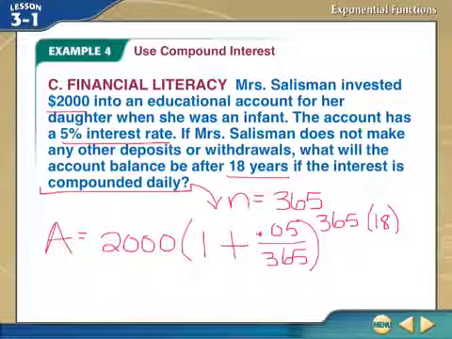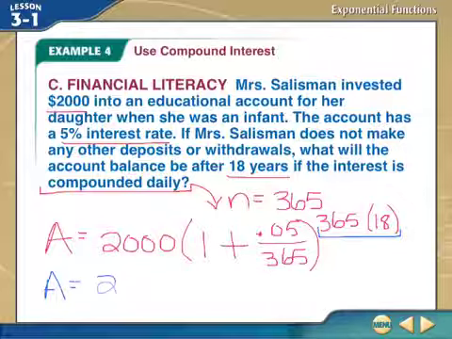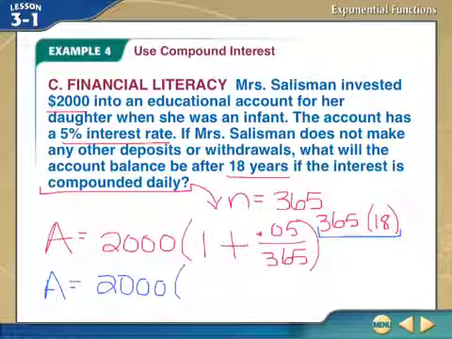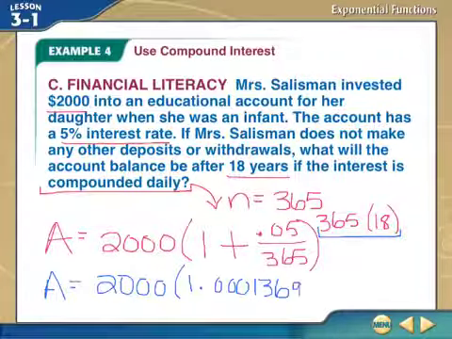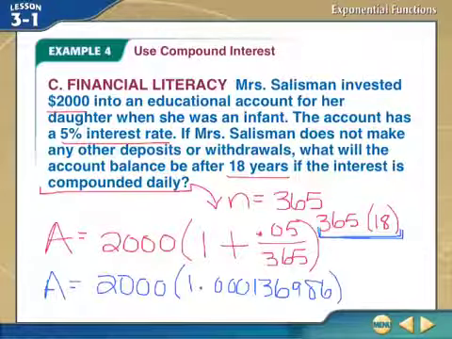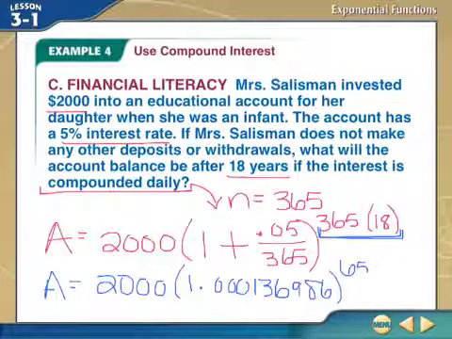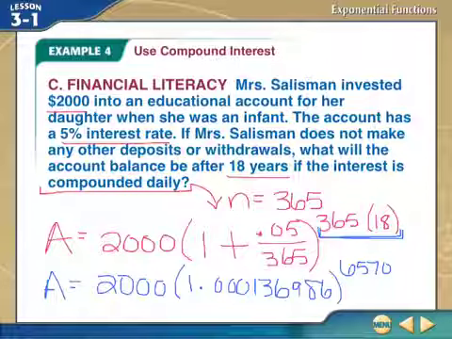Since she's being paid interest daily for 18 years, that gives me 6,570 interest payments over the course of the investment. If I simplify that and take 0.05 divided by 365, and add that to 1, I get 1.000136986, and like I said previously, multiplying 365 times 18 gave me 6,570 interest payments.